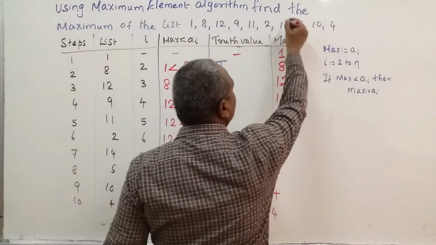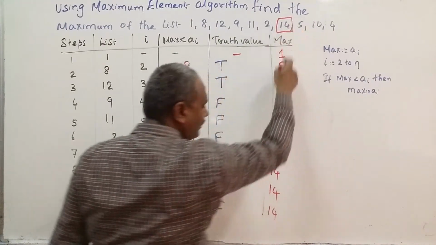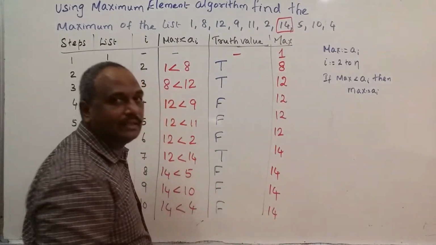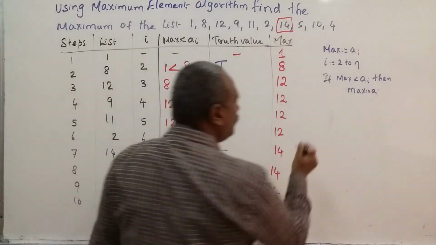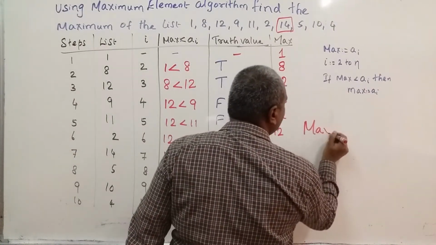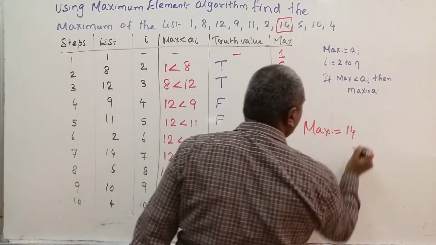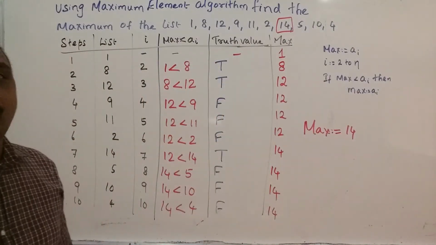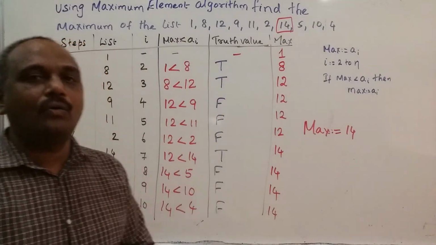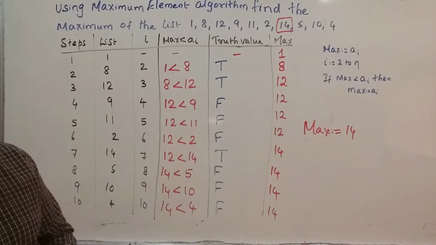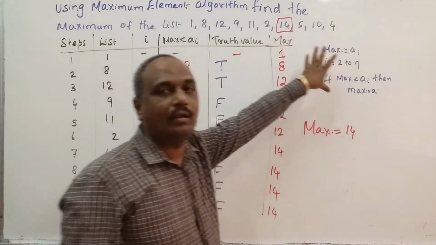You can check here. What is the maximum value? 14 is the maximum value. The algorithm produces the same result. So I am going to write maximum equal 14.